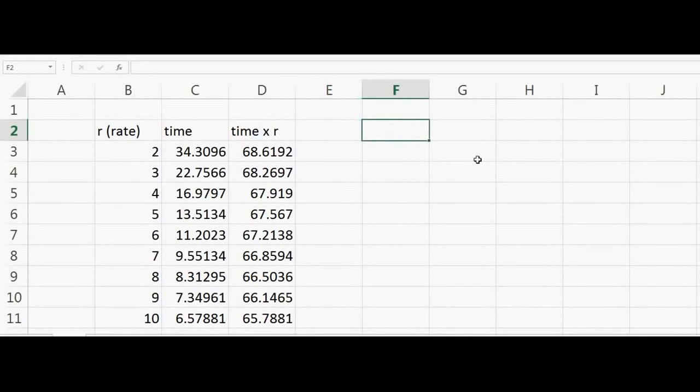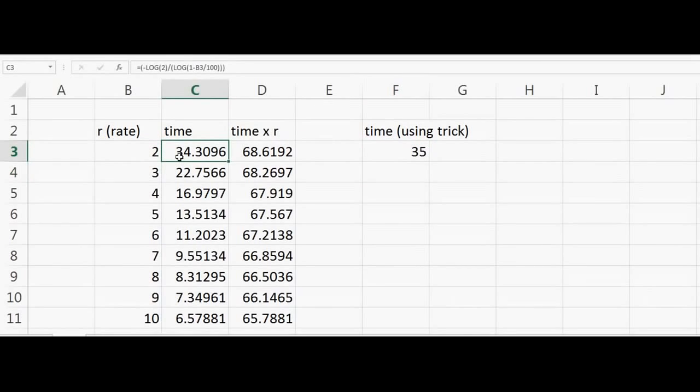Now if we calculate this using the trick, what should be the time using the trick? That should be equal to 70 divided by the rate, that's 35 years. Originally we were calculating 34 years, but by using the trick it's 35 years, so it's a very close approximation.